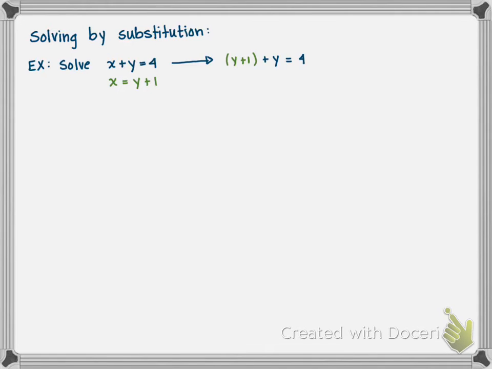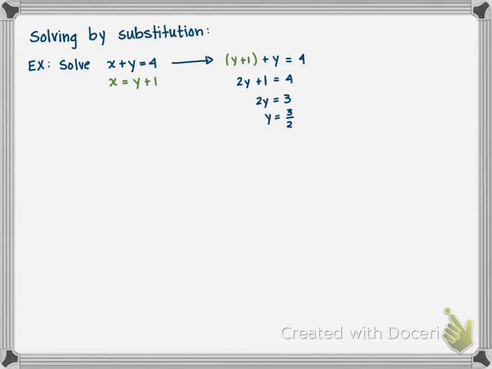Everybody cool with that? And now I have an equation that only has one variable in it, which is nice because we know how to solve those. So we'll combine like terms. We get 2y plus 1 equals 4. So 2y equals 3, and y equals 3/2.